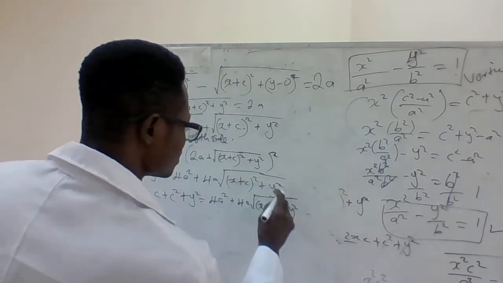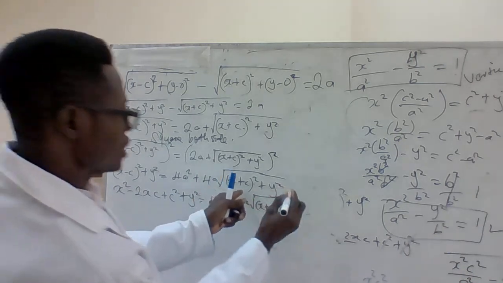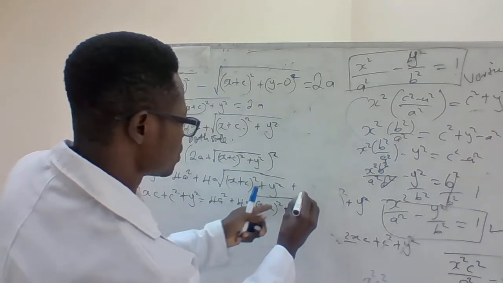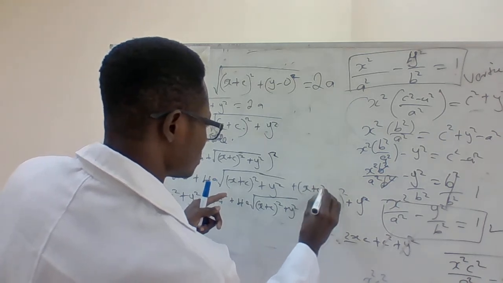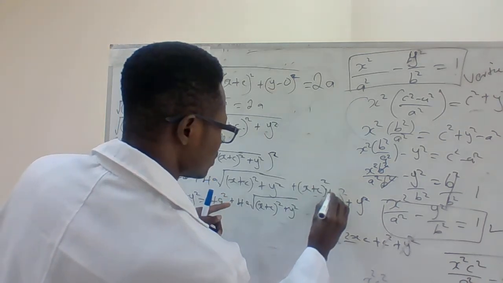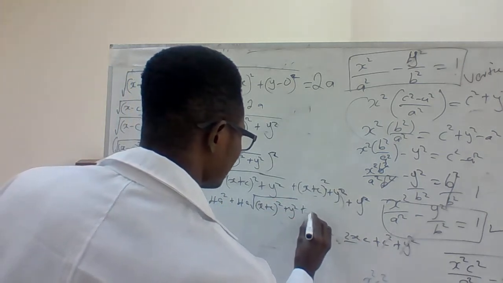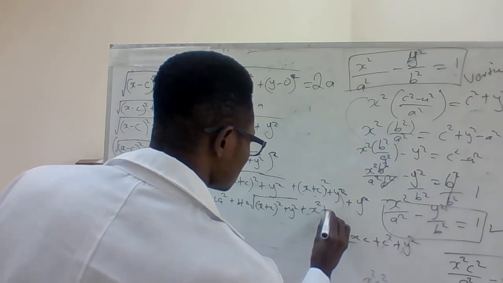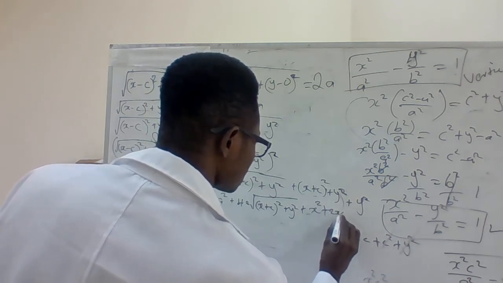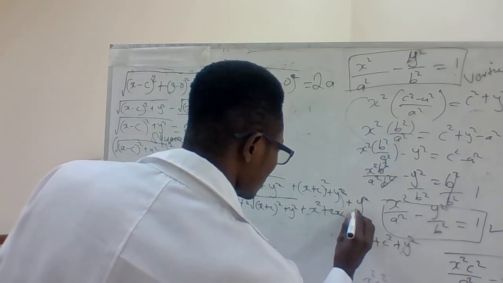This will give us, because remember this is binomial, so here we are supposed to have plus (x plus c) squared plus y squared, so that you open up this bracket, you have plus x squared plus 2xc plus c squared.